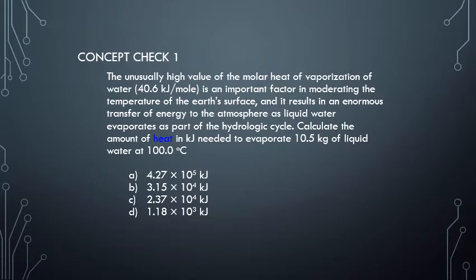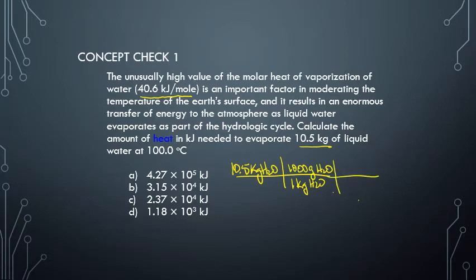So in order to solve this problem, notice my unit, I have 40.6 kilojoules per mole, and I'm starting with 10.5 kilograms of liquid water. So I need to convert my kilograms into moles. So if you remember from our metric units, 1 kilogram of water is the equivalent of 1,000 grams.